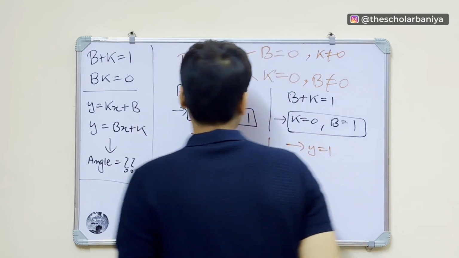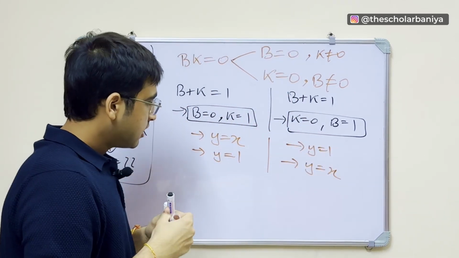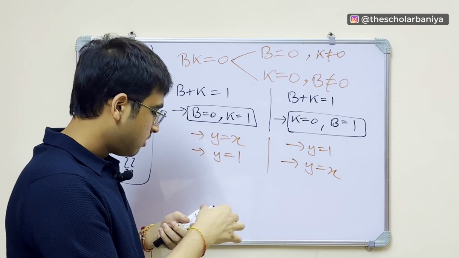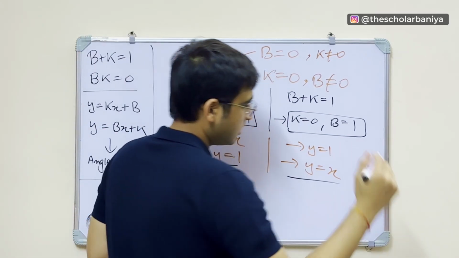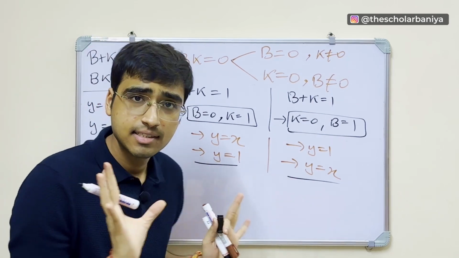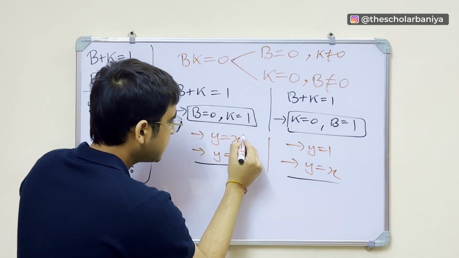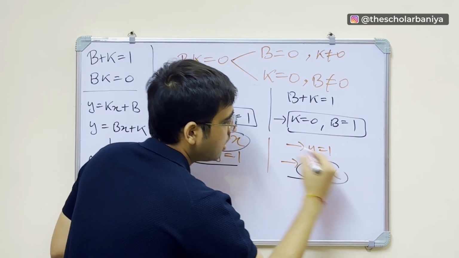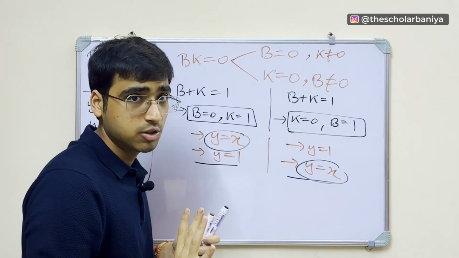So this becomes y is equal to 1. Similarly, when we put here, b is 1, k is 0. So this becomes y is equal to x. So basically, one case is this and the other case is this, and both cases are basically the same thing, because we are getting the same set of lines. One line is y is equal to x and the other line is y is equal to 1.